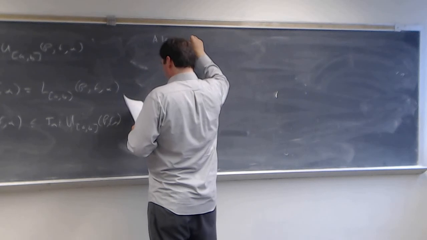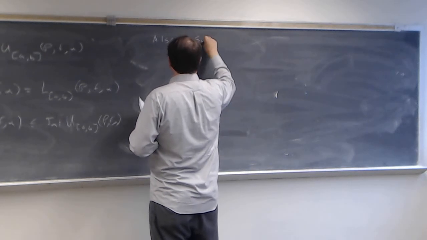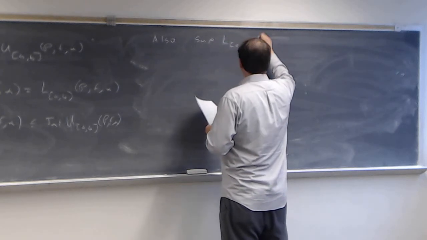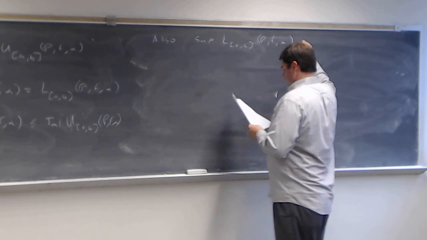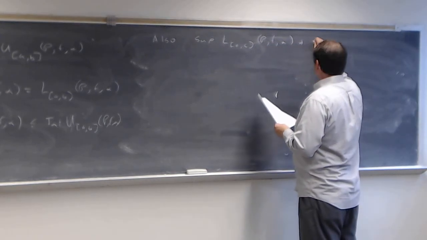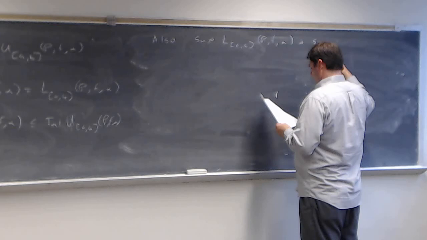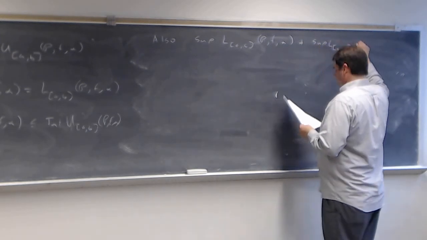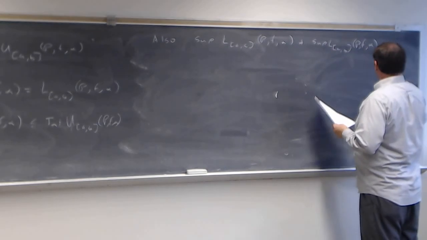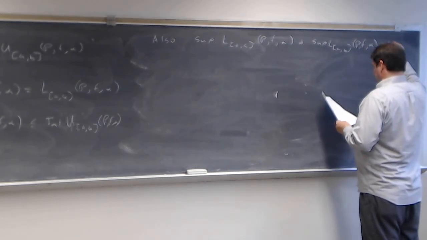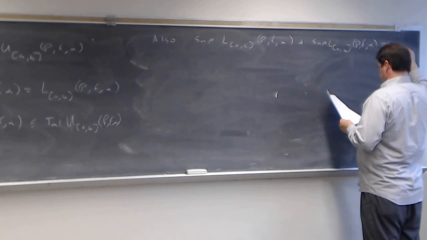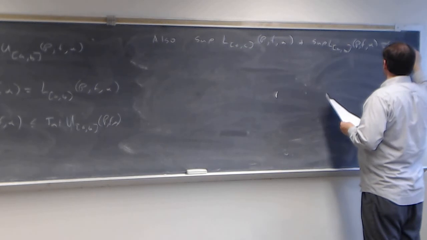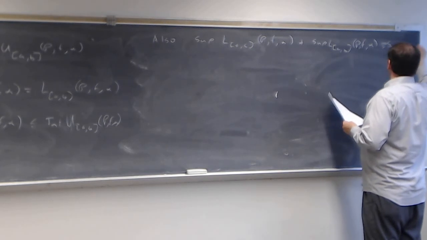Also, we have the supremum of these lower sums from A to C, P F alpha, plus the supremum of lower sums from C to B, P F alpha, is going to be greater than or equal to the supremum of the lower sums from A to B of P F alpha.